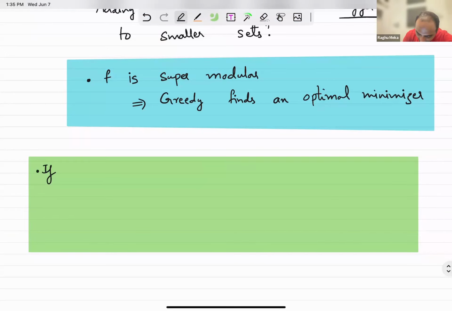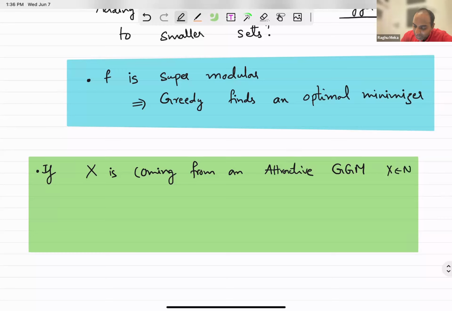If X is coming from an attractive GGM, right? Imagine I have X, which is sampled from a multivariate Gaussian, where all of the covariances are non-negative, meaning it's coming from an attractive GGM.